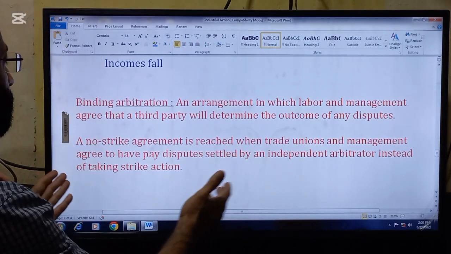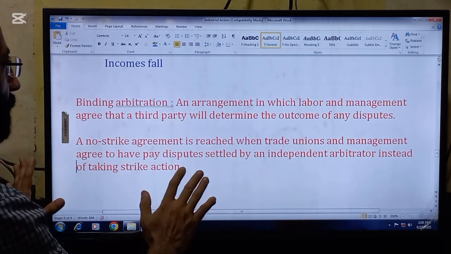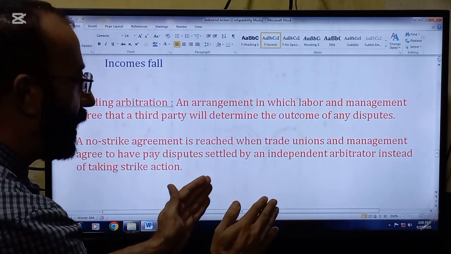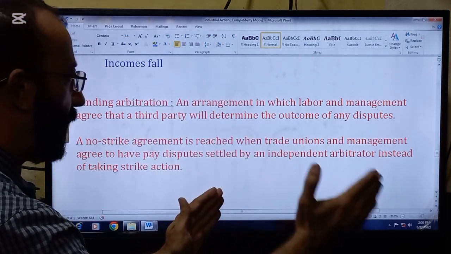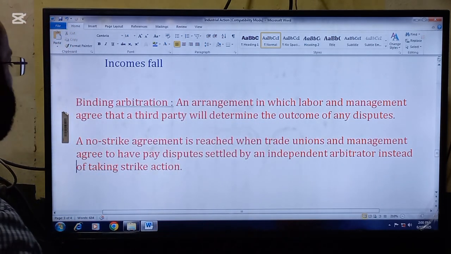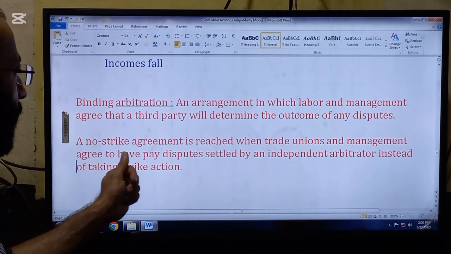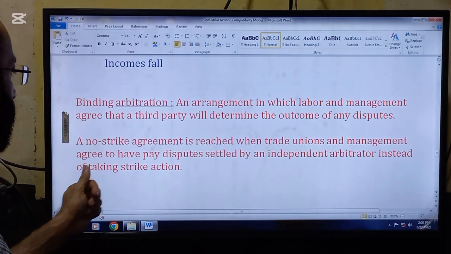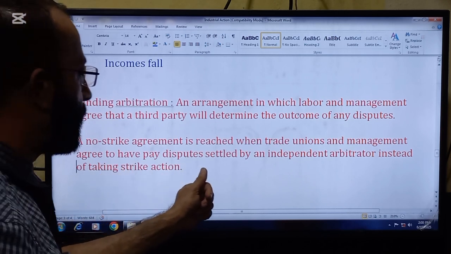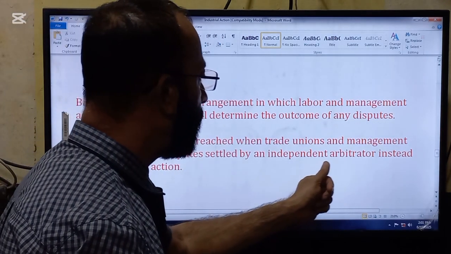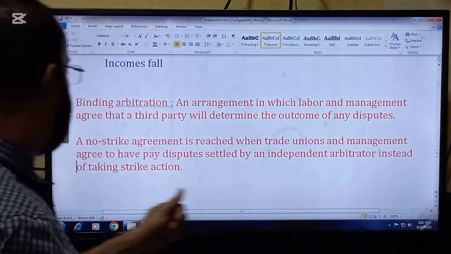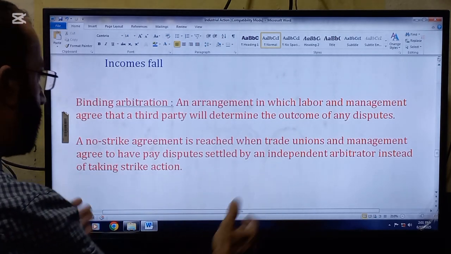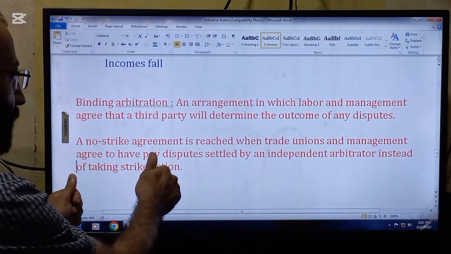This is the definition of binding arbitration, in which a third party settles the dispute between the employers and the employees. Next, a no strike agreement is reached when trade unions and management agree to have pay disputes settled by an independent arbitrator instead of taking strike action. This is the definition of the no strike agreement.